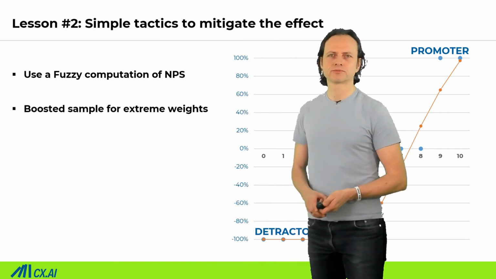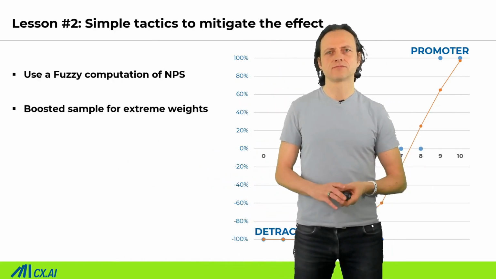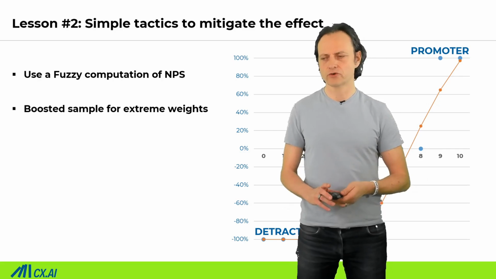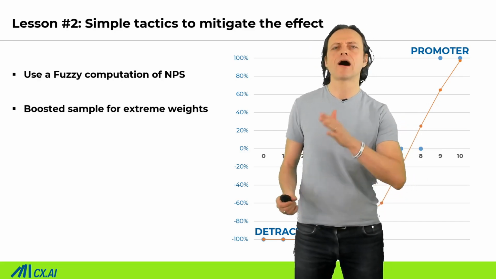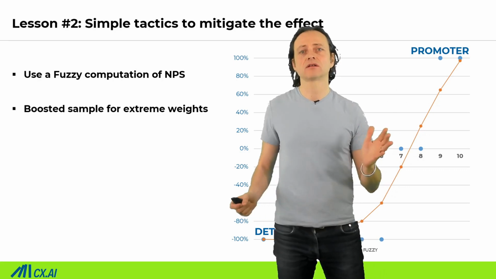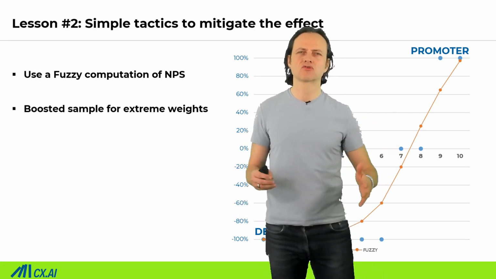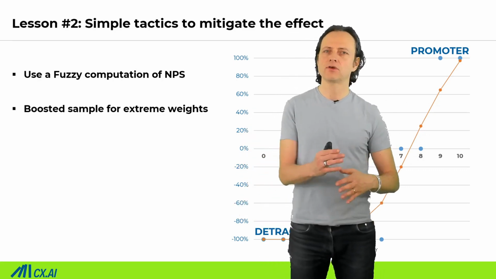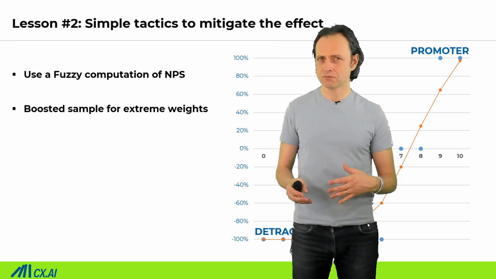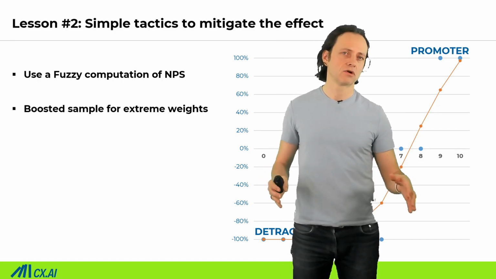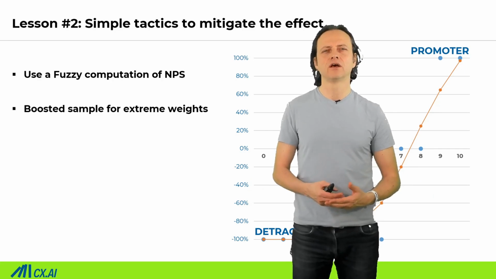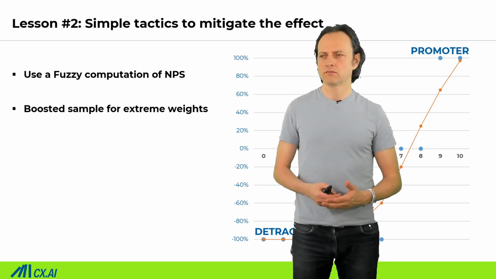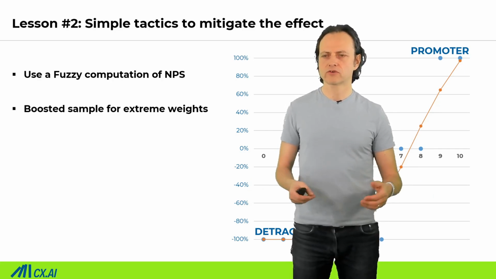What else can we do? You can boost the sample. For instance, for the extreme weights, for the high value customers, you can try to boost the sample. You can try to reach out to them more often, or reach a larger sample, so you get more feedback for these high value customers.